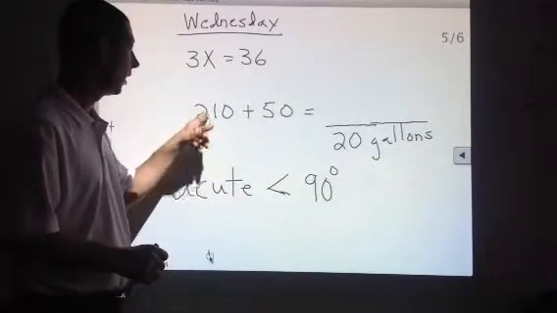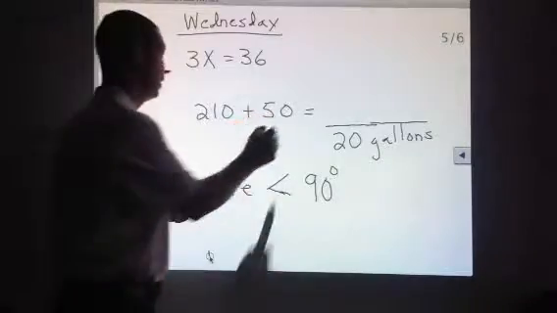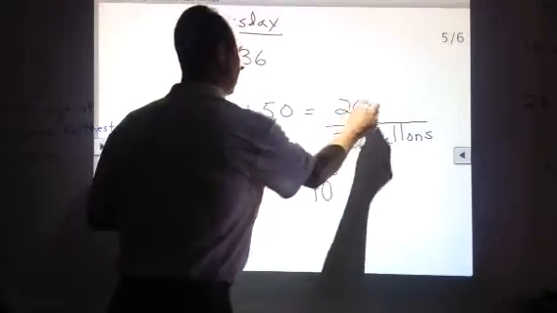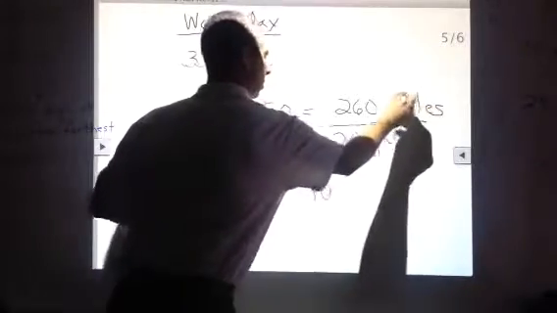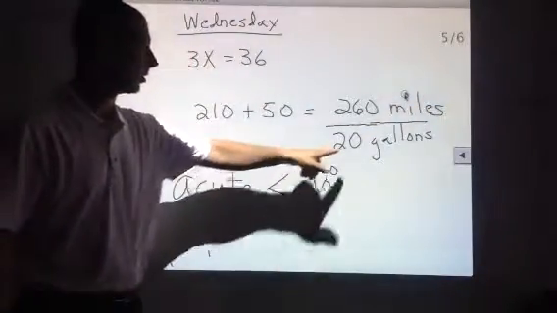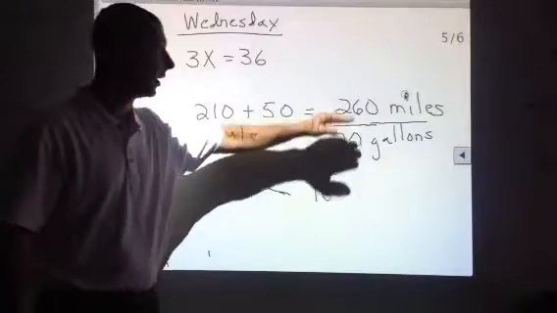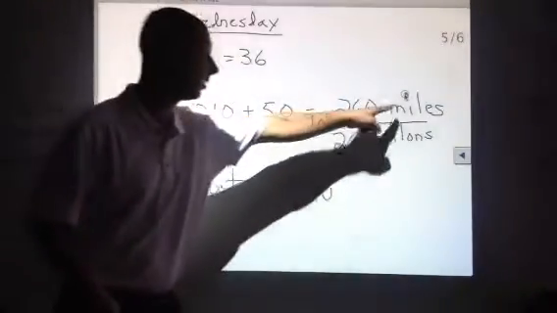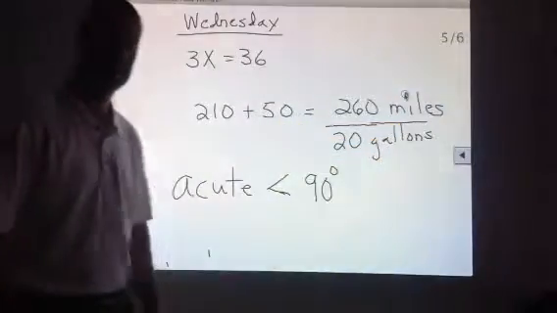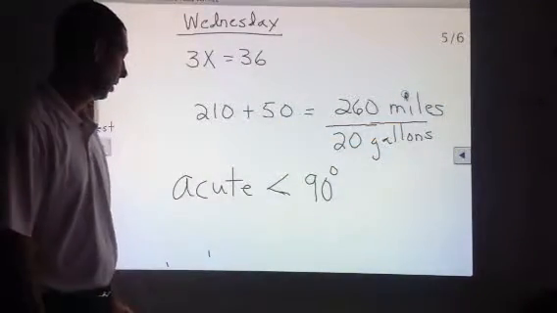So if we add the 210 and the 50, we're going to get 260 here. So they're going to be able to go 260 miles on 20 gallons. So now you go 260 divided by 20, and that's how many miles per gallon that vehicle gets.